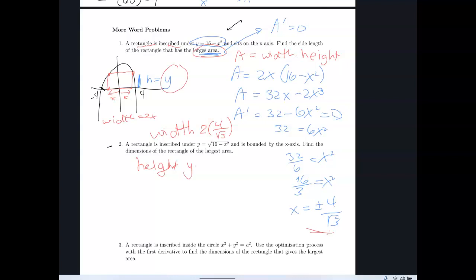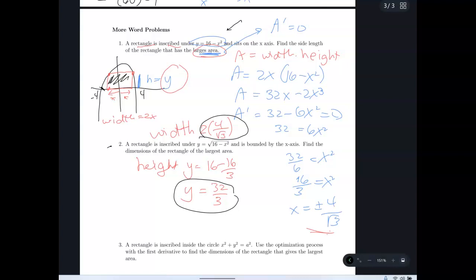So I get 16 minus 16 thirds, right? So y is equal to 32 thirds. Okay, so there we have it. The width and the height, right, that gives us the area of the biggest rectangle.